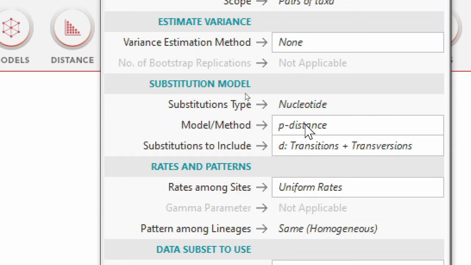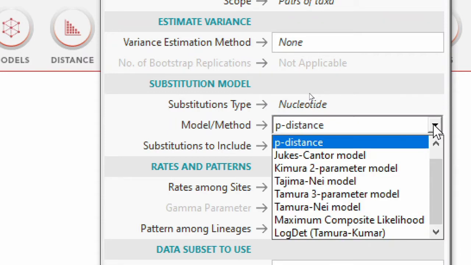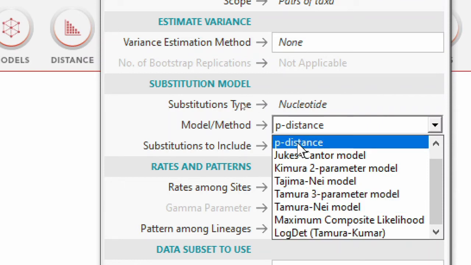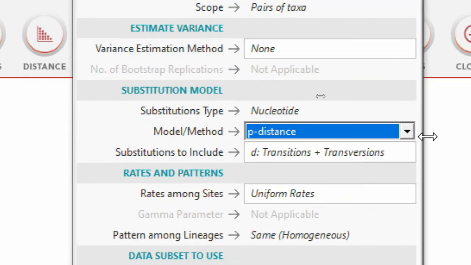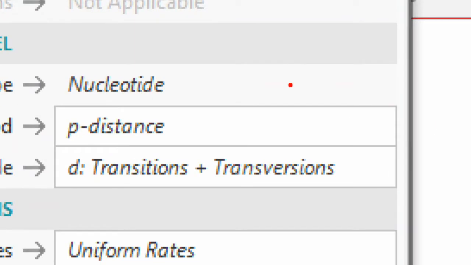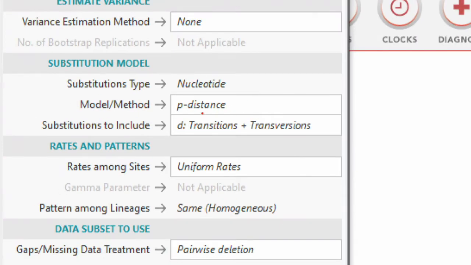What is the p-distance? There are quite a number of choices here, quite sophisticated, and p-distance is the simplest choice. Let's check what that is.